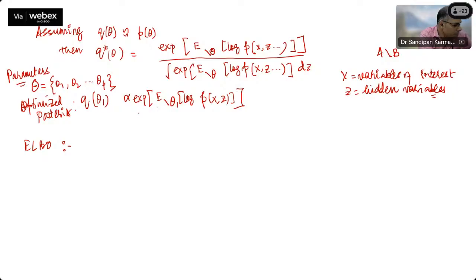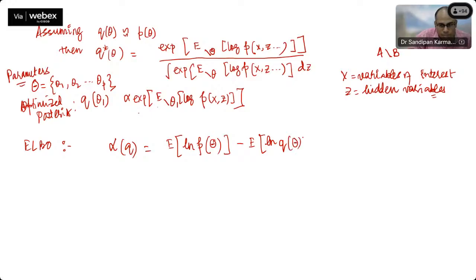I am a little bit confused about that particular expression. ELBO. Yeah, the lower bound for this particular Q will be expected value of ln p of all theta, okay, minus expected value of ln q of all theta.